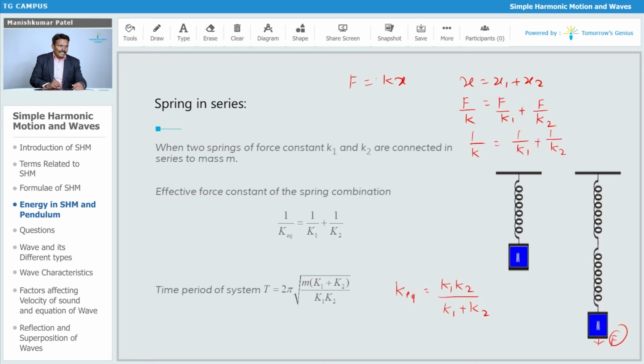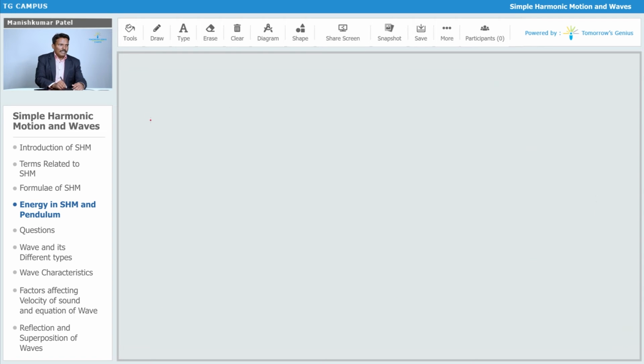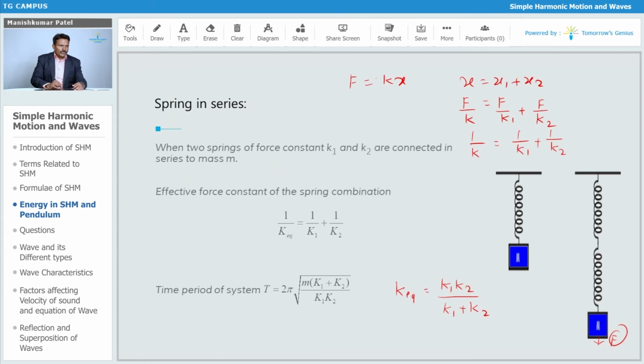Where k equivalent, we simply found that 1 upon k equivalent is equal to 1 by k1 plus 1 by k2, and then we know that T is equal to 2π square root of m upon k. So what we have seen in this case is that x is equal to x1 plus x2, the elongation produced in each individual spring is different.